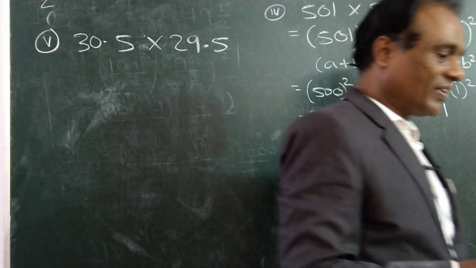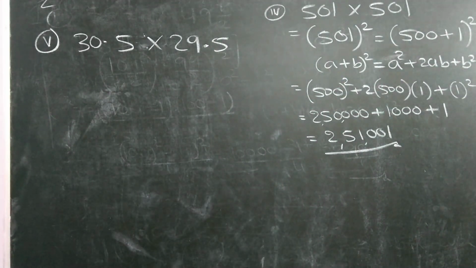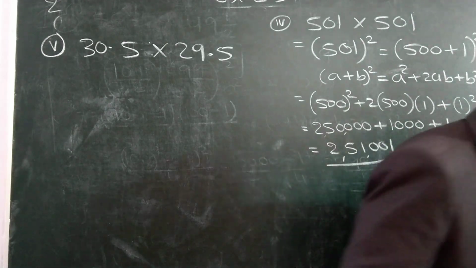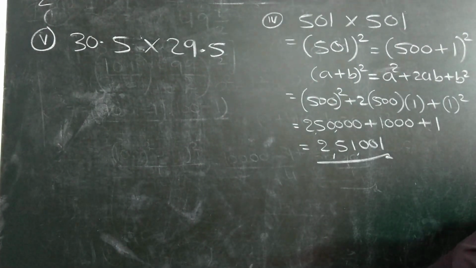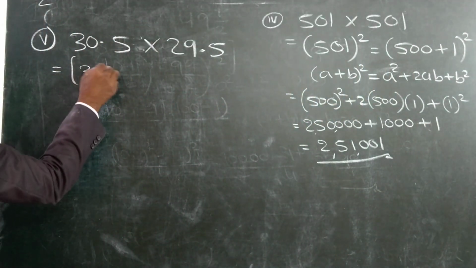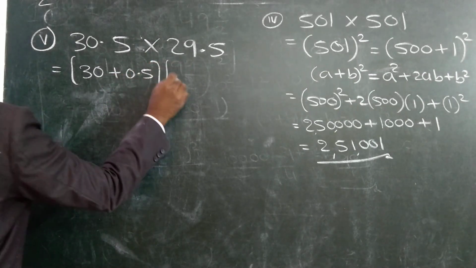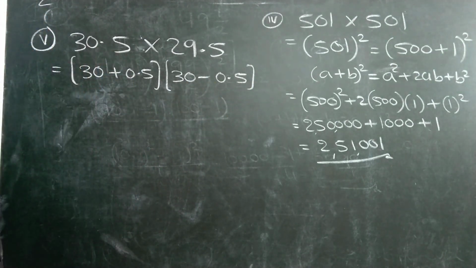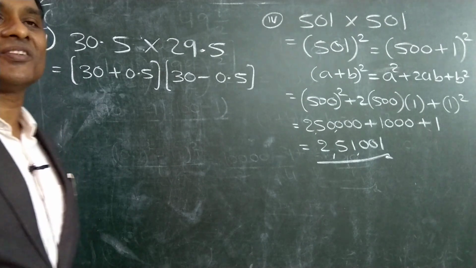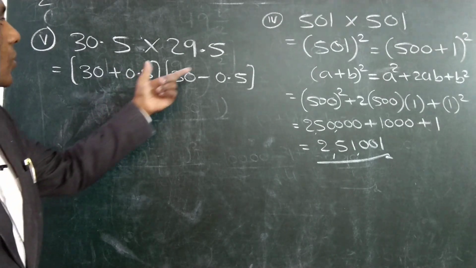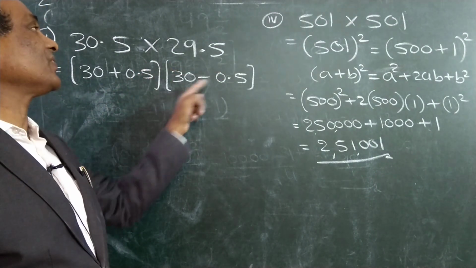Last bit in this. 30.5 into 29.5. Let us do this problem. 30 plus 0.5, 30 minus 0.5. 30 plus 0.5 is 30.5. 30 minus 0.5 is 29.5. 30 rupees 50 paise is 30 rupees plus 50 paise. 29 rupees 50 paise is 30 rupees minus 50 paise.